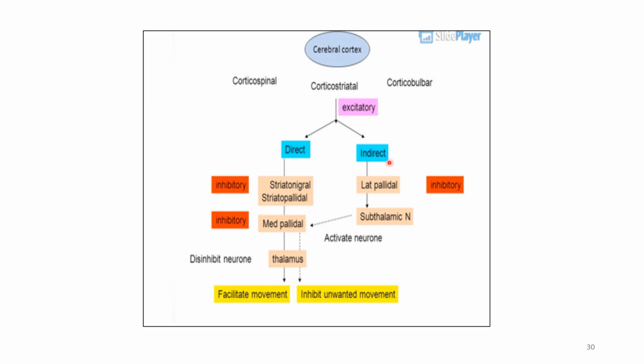In the indirect pathway you have the subthalamic nucleus, and the pathways which control the modulation of the basal ganglia involve the substantia nigra pars compacta, and from the thalamus also, thalamostriatal fibers. So you have understood this. Ultimately the movement will be facilitated and the unwanted movement will be inhibited.